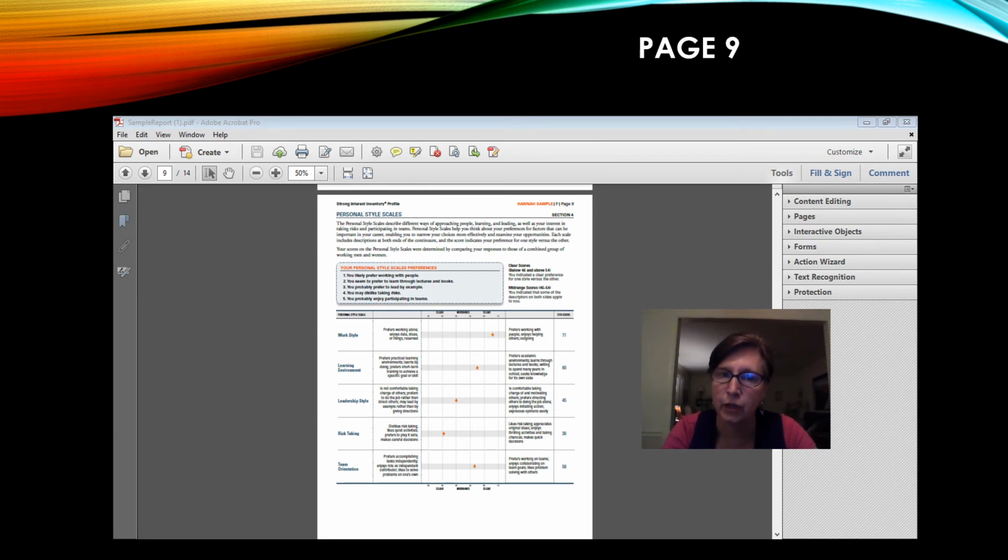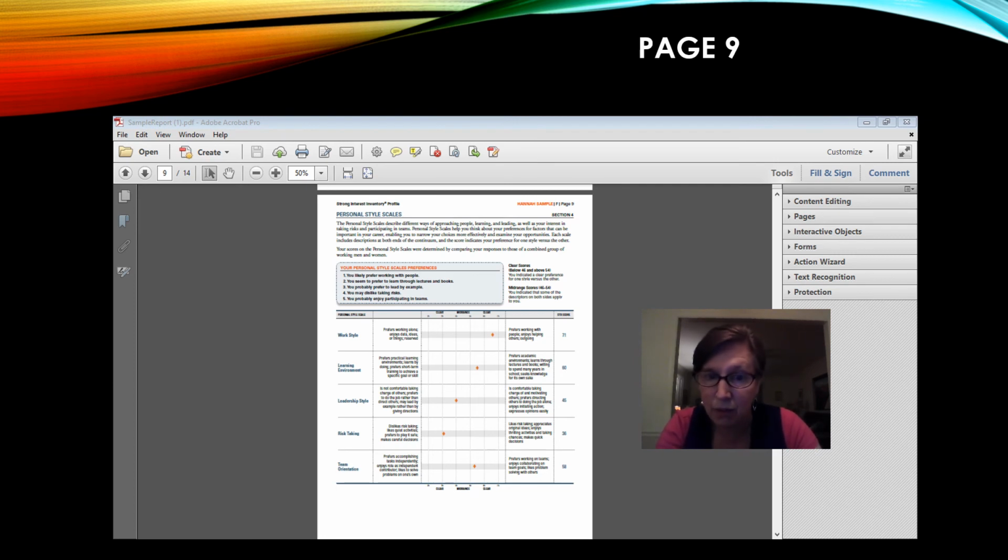On page 9, you have the personal style scales. And we're going to really get into this type of thing more with the Myers-Briggs, but this is a way to kind of look at your personality and how it played out on the assessment. If you look at the work style, the different categories there, learning environment, team orientation at the bottom, all of those, how you're reading this is, the center of that scale means that you really go both ways on that.